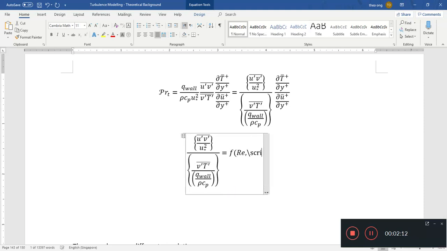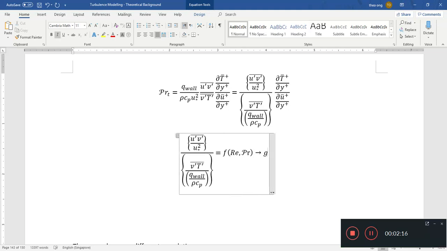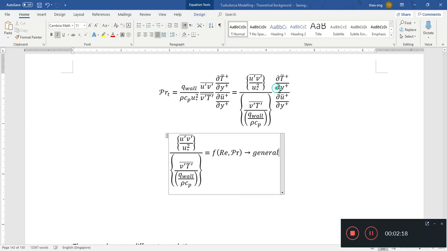So this is what it is in general, the turbulent Prandtl number. Of course, this one could also in theory depend on these, but I would say it has a stronger relationship on these two parameters.